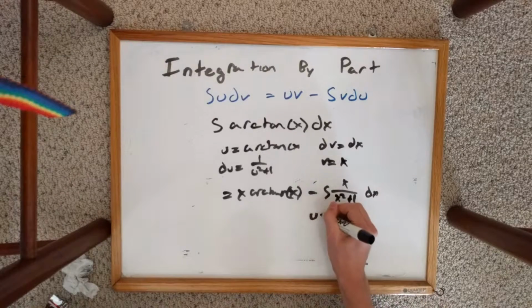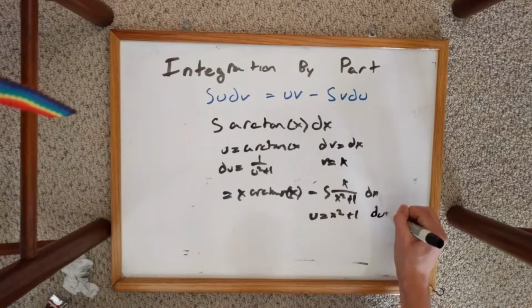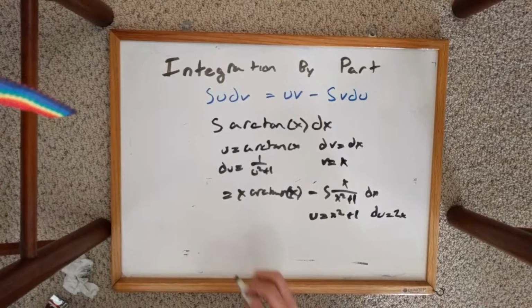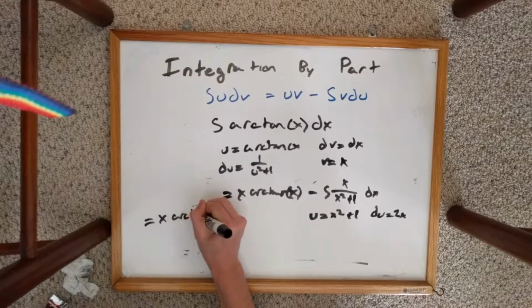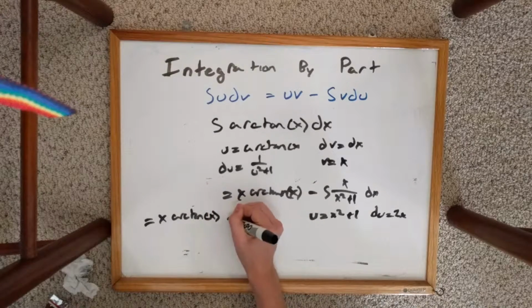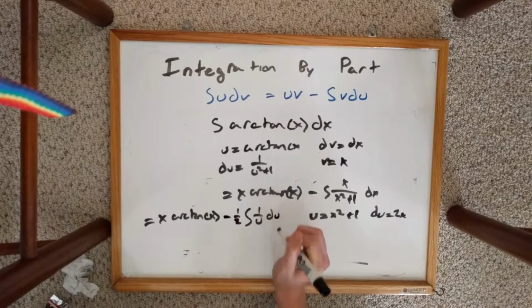So if we know that u is equal to x squared plus 1, our du is going to be equal to 2x. Now that'll all cancel out, so we'll get x arctangent of x minus 1/2 integral of 1 over u du.